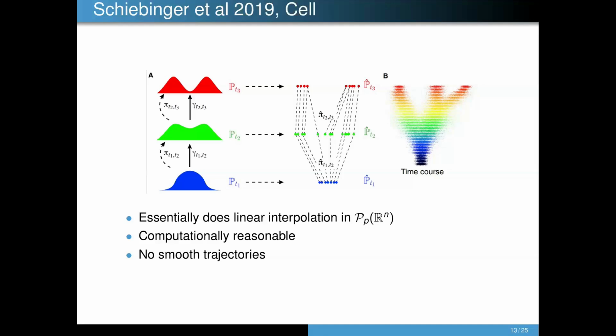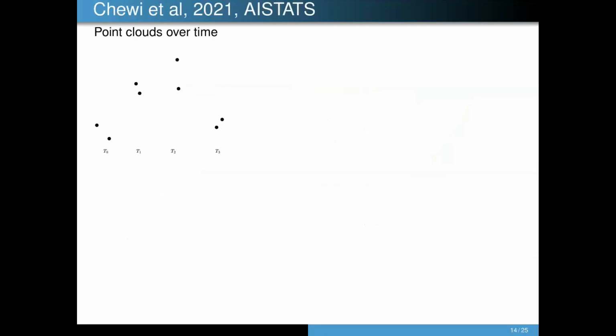So one question would be, how can we make this into a smooth setting? Or how can we make smooth trajectories? And there's one nice paper, which is very much related to what we are doing, by Chewi and others. And I'm going to introduce this idea quickly. It's not very complicated, but it's very much related to what we're doing.